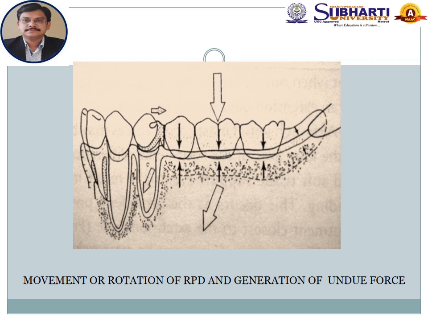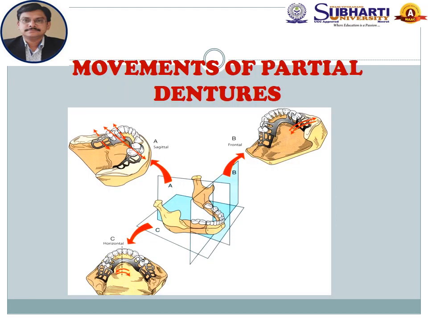We can see that the RPD will start getting rotated due to differential compressibility, and this will exert an undesired force not only on the mucosa and bone but also onto the adjacent natural dentition, and that is the inherent disadvantage of making any RPD tooth supported as well as tissue supported.